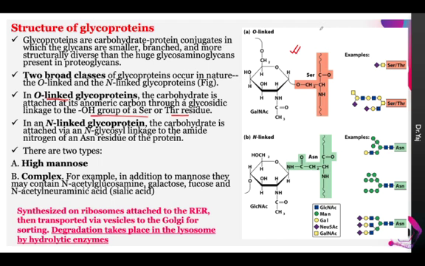You do not need to remember the bonding or the chemistry behind their formation, but you of course need to remember what are the amino acids that are participating in the formation of O-linked glycoprotein.